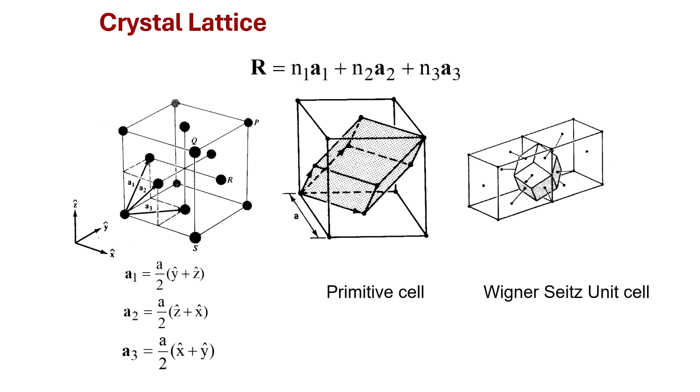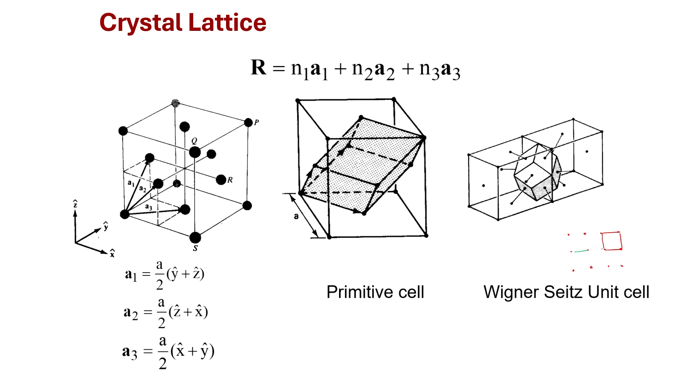This can be constructed in a different manner also, by creating a Wigner-Seitz cell. If you take, let us say, a lattice like this, then one way to create a cell is to create a unit cell like this. This is a primitive cell, but an alternative way to create a primitive unit cell is to draw the perpendicular bisectors.